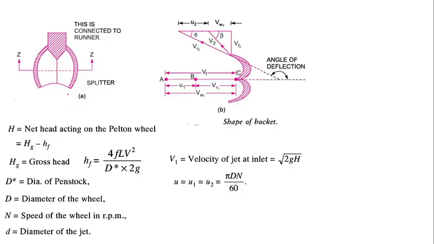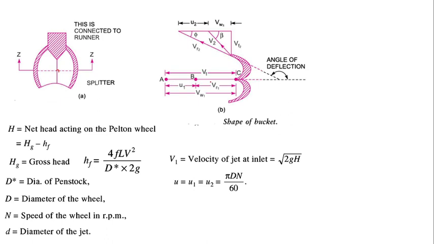Again, water is striking at the splitter where the velocity V1 and outlet velocity V2, VR2 is the relative velocity at point 2, and U2 at point 2 is the velocity of the vane, whereas Vw2 is the whirl velocity, Vf2 the flow velocity at outlet, whereas Vw1 is the whirl velocity at inlet, point 1, U1 the velocity at point 1, Vr1 the relative velocity at point 1.